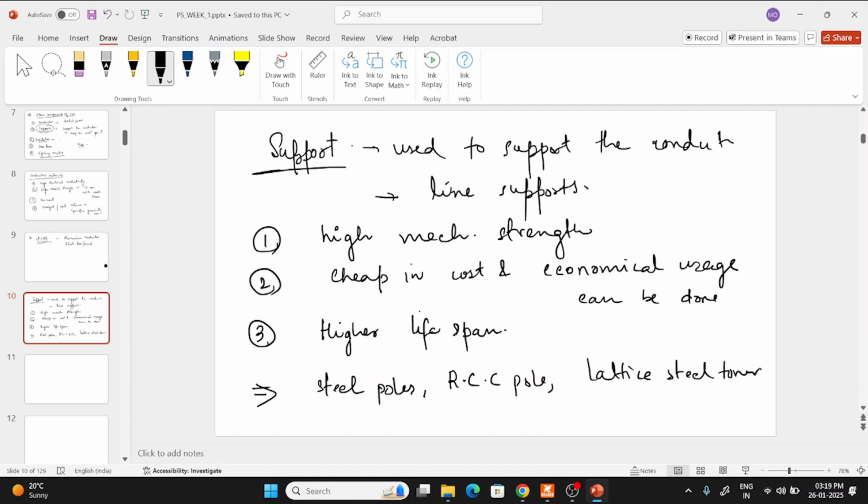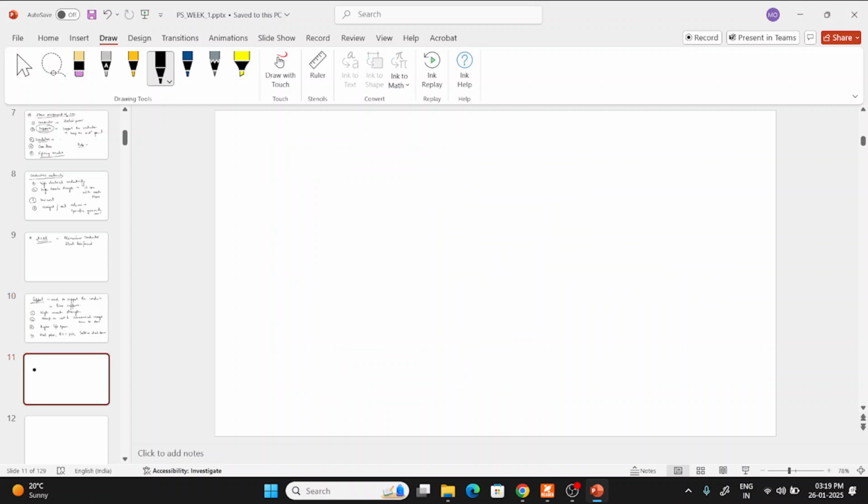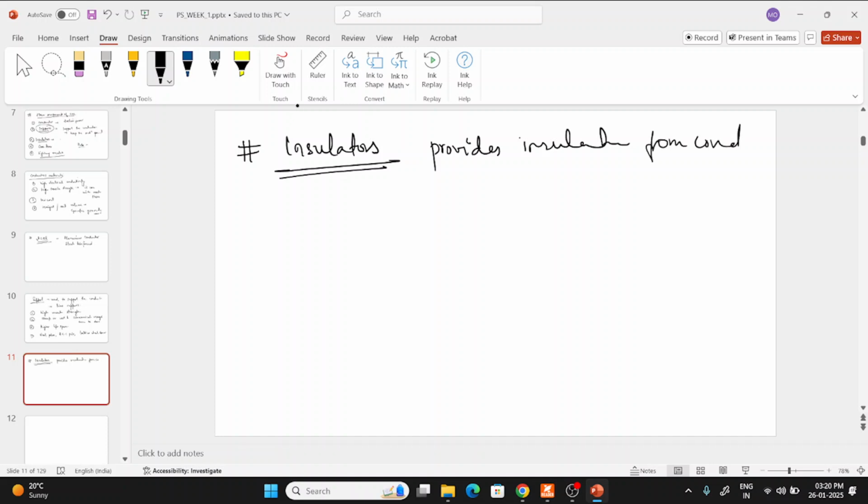Now coming to the most important part, which is insulators. What are these? Basically, insulators provide insulation from the conductors.